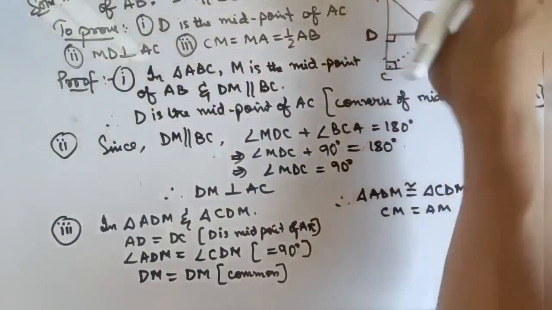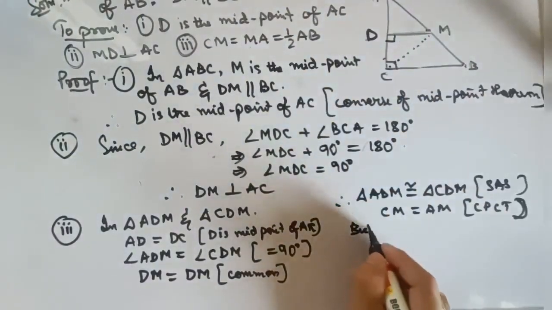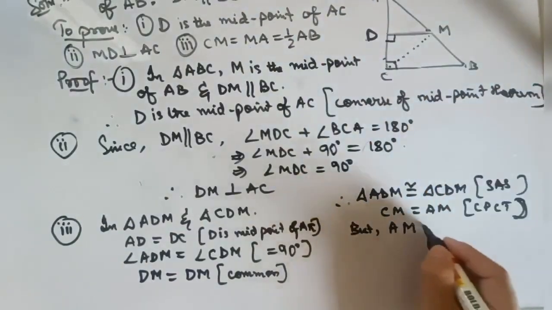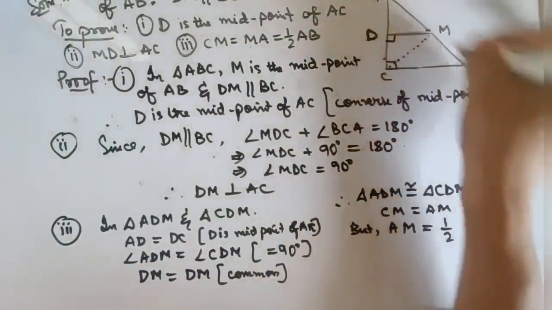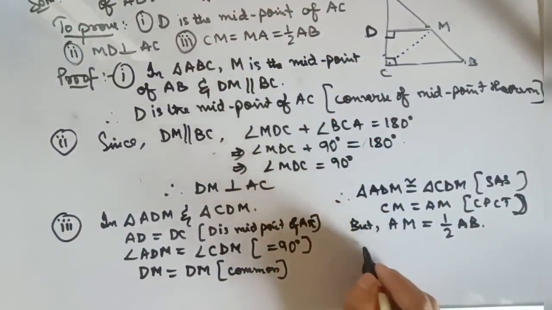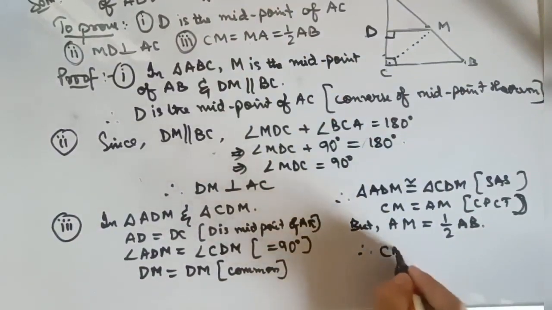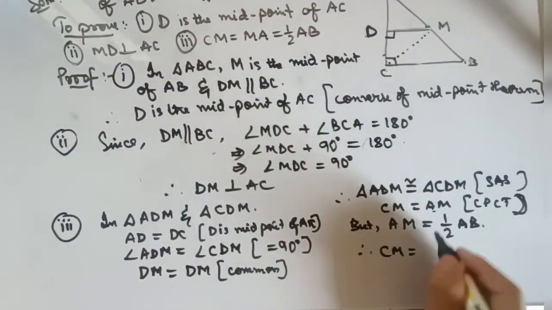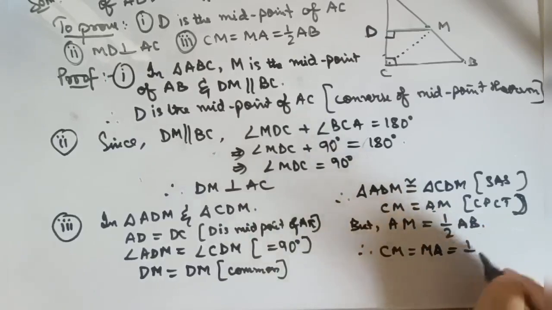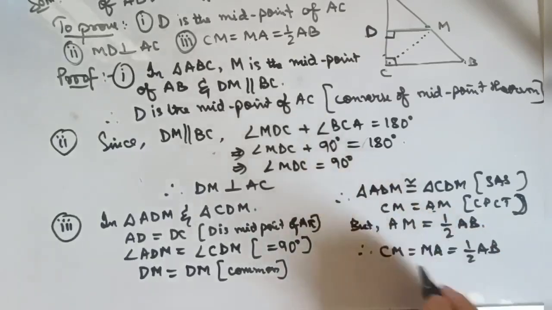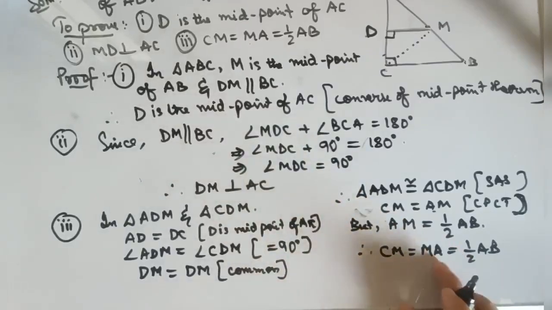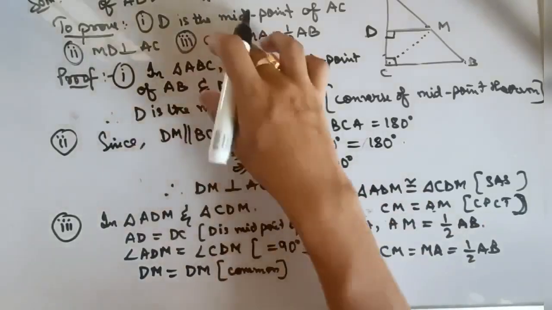So CM is equal to AM, but we know that AM is equal to half of AB, because M is the midpoint of side AB. So CM equal to AM can be written as MA equal to half of AB. From these two we can conclude that CM is equal to MA is equal to half of AB. Hence proved.